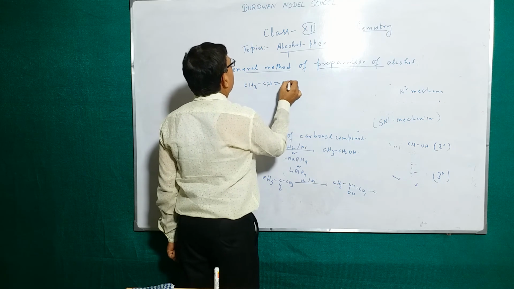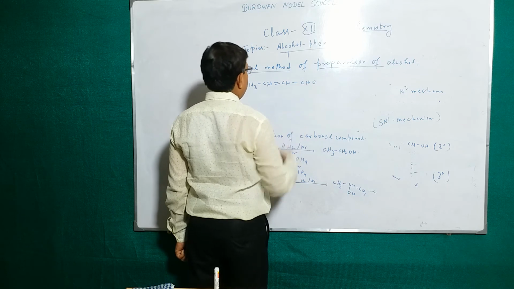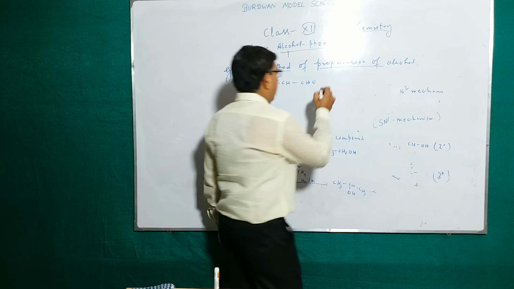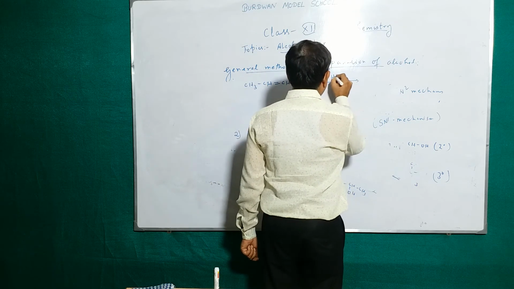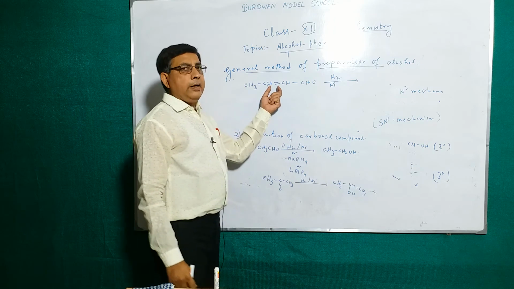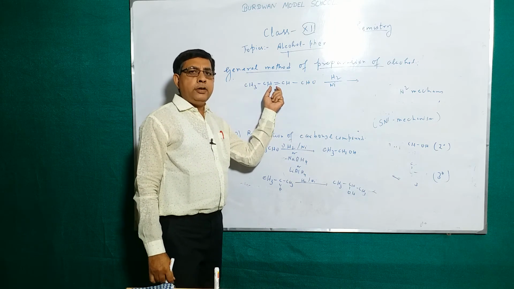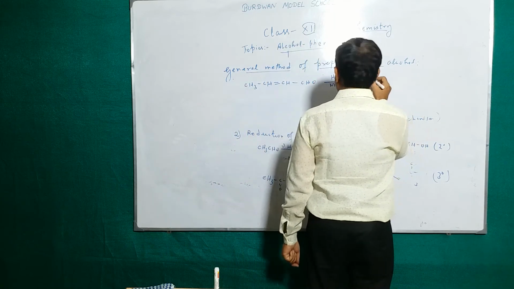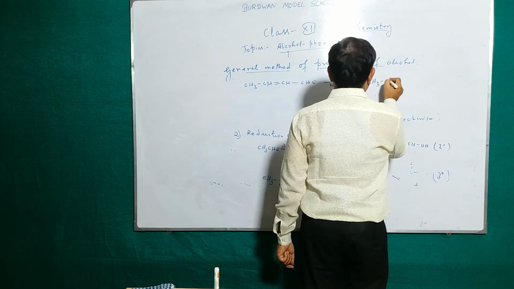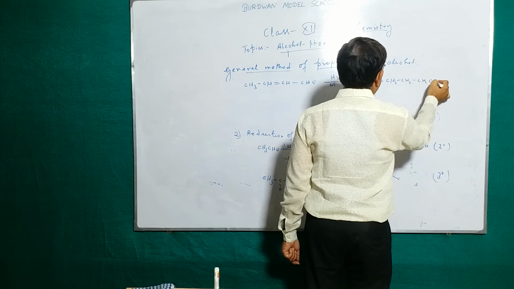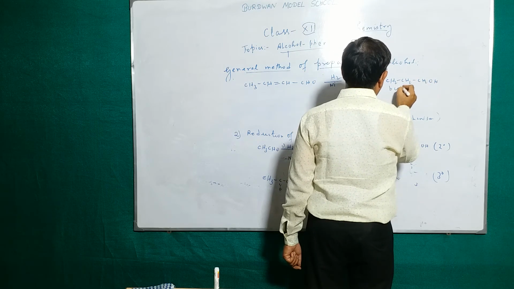CH3CH=CHCHO, but-2-enal. When you reduce by hydrogen and nickel, the multiple bond, that is the olefinic bond, is reduced to a single bond and CHO is reduced to alcohol. So the product will be CH3CH2CH2CH2OH, butan-1-ol.